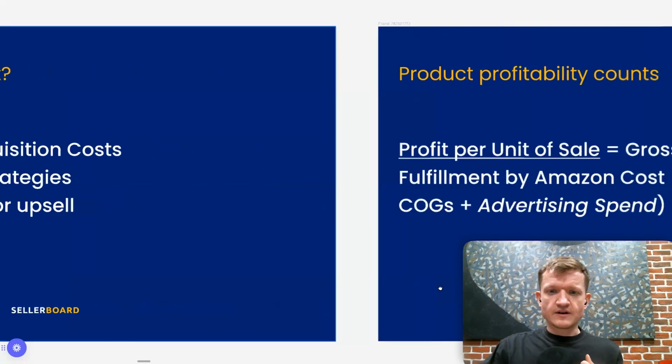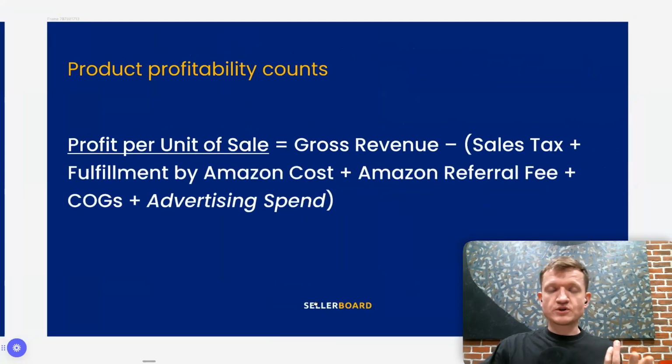But then, one important thing that I forgot to mention is that when you are calculating your profit per unit, which is a very important KPI, a very important metric, then this is the formula that you should probably use.